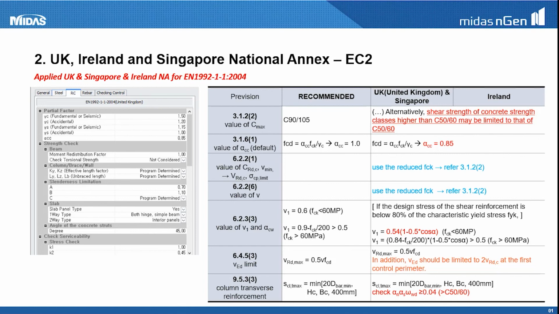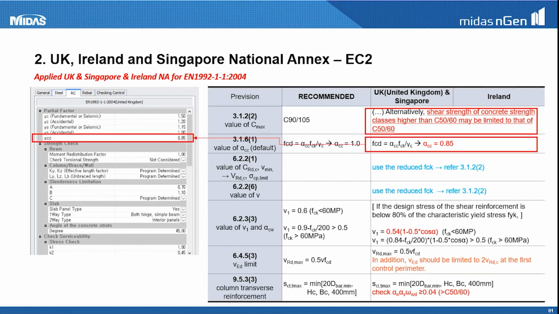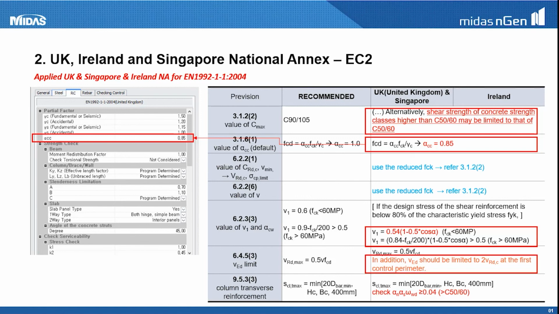The following are provisions for concrete design. First, if the concrete strength exceeds C50/60 in shear design, the strength of C50/60 is applied in shear design. Next, in the calculation of design strength of material, the alpha cc is applied as 0.85. In shear design, the v1 value is calculated by the following equation. And a review of the limits of VEd has been added.